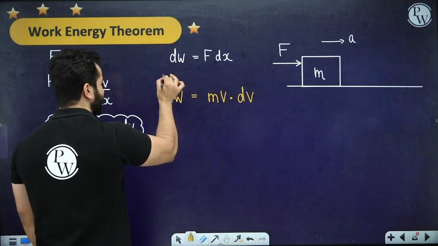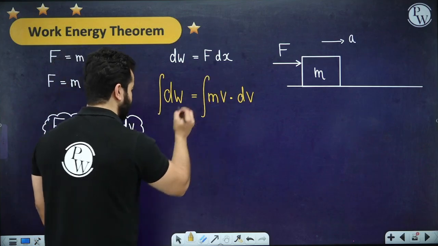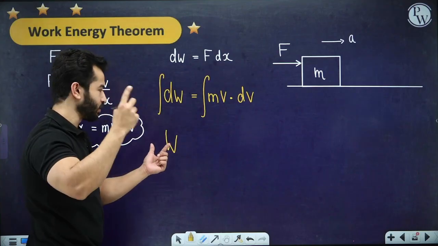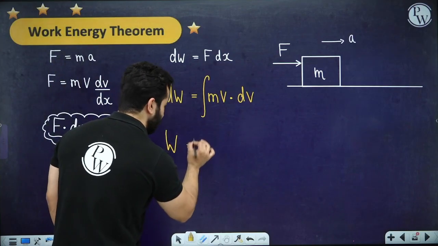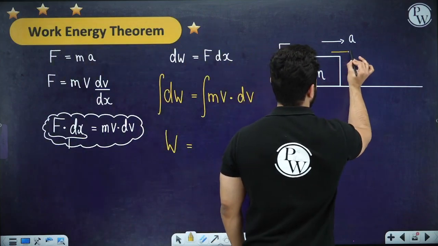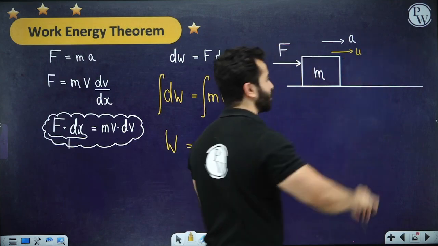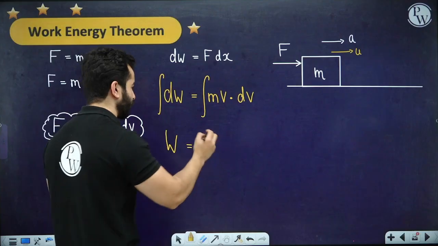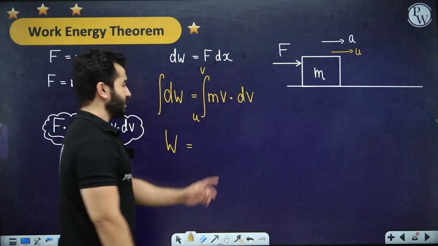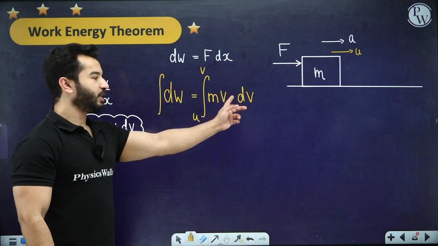Now let's integrate it, and now let's write it as W. Now this thing can be written as the work done by all the forces, right? Let's suppose that at this particular point the body was moving with some initial velocity u, and after a certain point it moves with some final velocity v. So we want to integrate from u to v. We need to integrate v with respect to v.